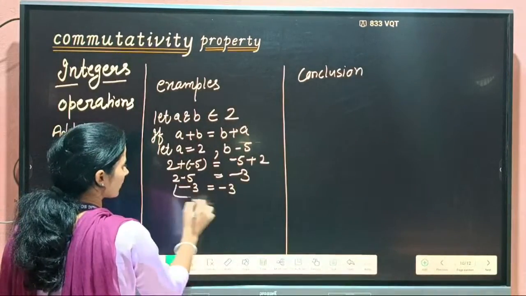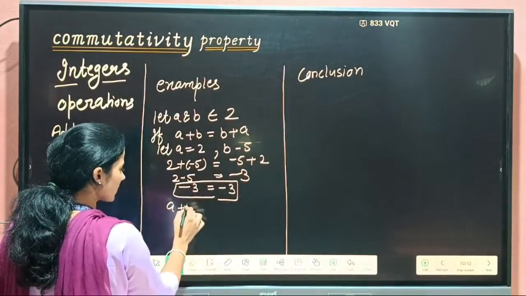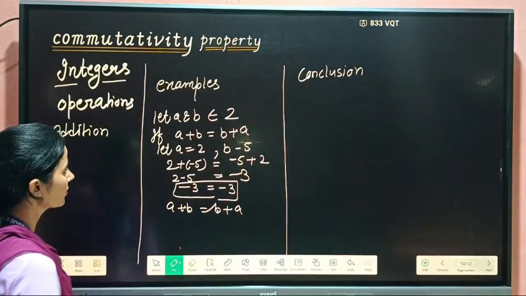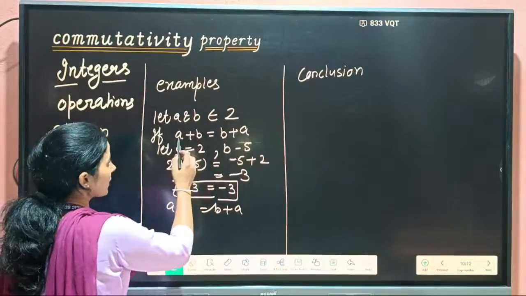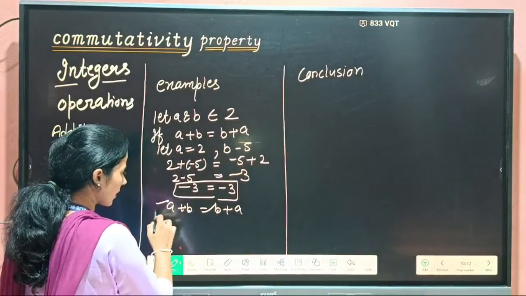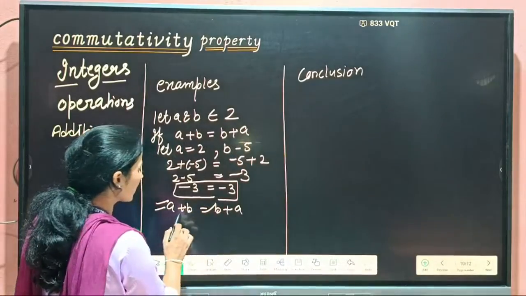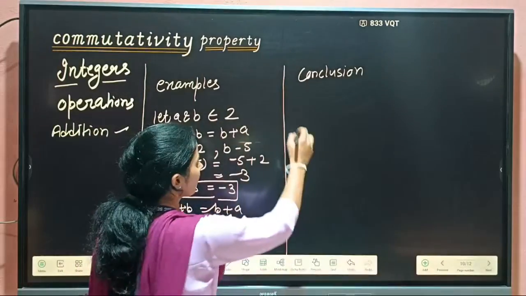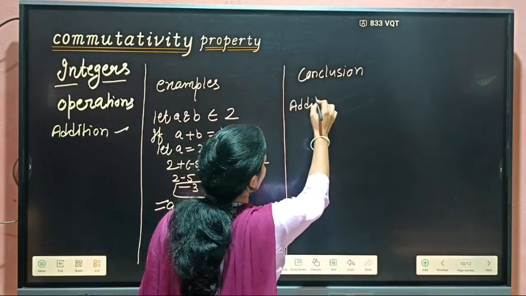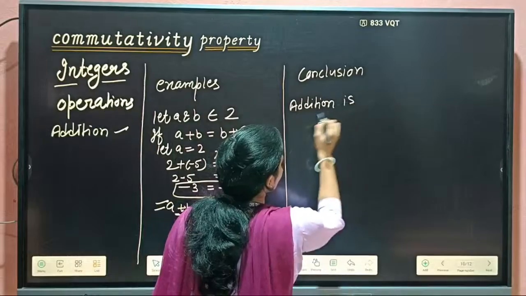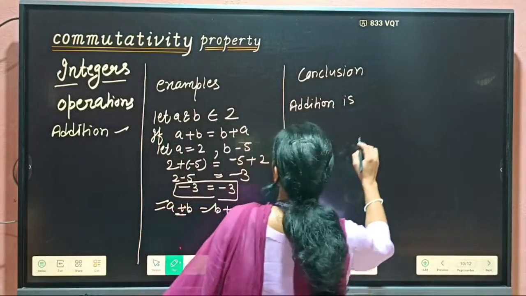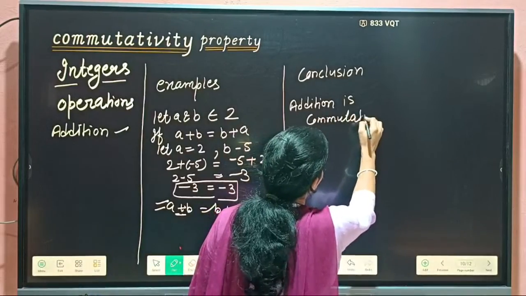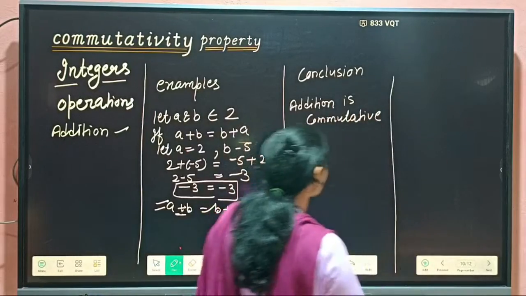Both sides are equal, meaning A plus B is equal to B plus A. Many more examples we can discuss. If A plus B and B plus A are equal, then addition is commutative. In conclusion, we will write: addition is commutative.